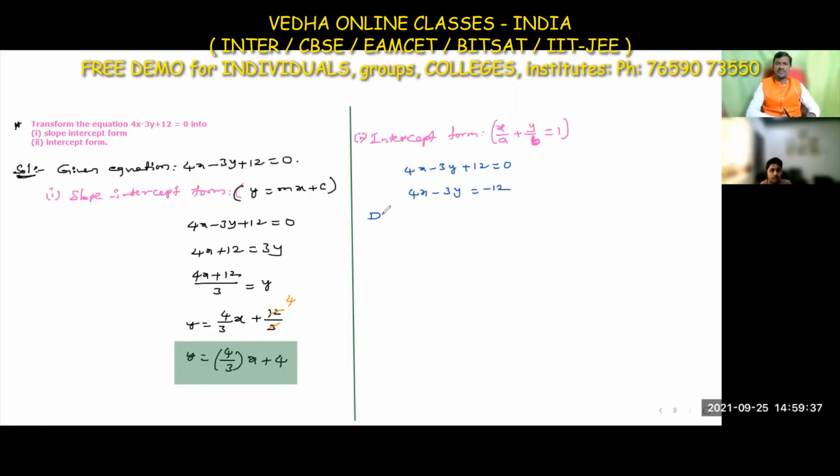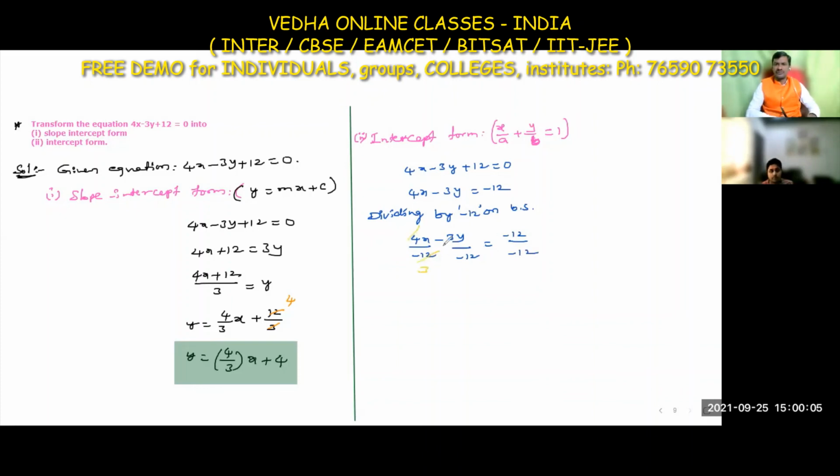So we are dividing by minus 12 on both sides. Divide by minus 12 for each term, and minus 12 divided by minus 12. Now you can cancel here.